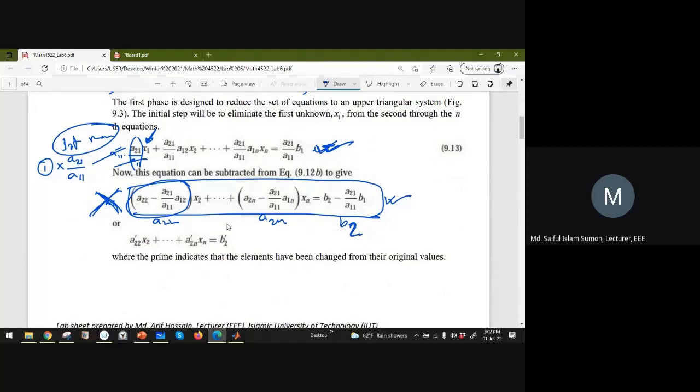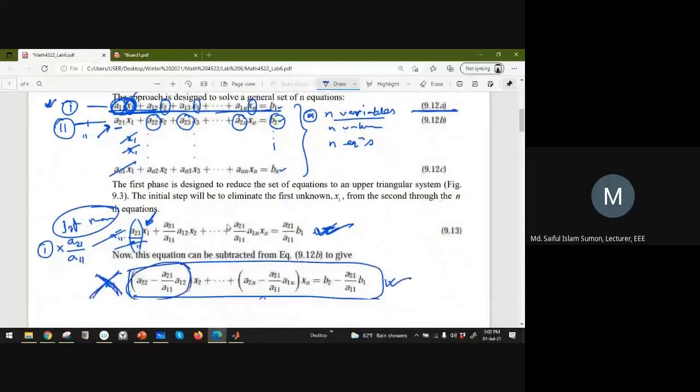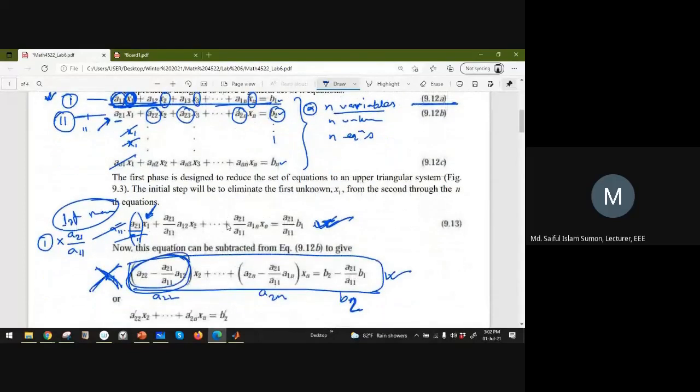So you can see that the previous a22 has changed. It was a22, a23, a2n, b2, but they have got changed. That's why I will make them a22 prime, a2n prime, b2 prime. You can see that has been done.